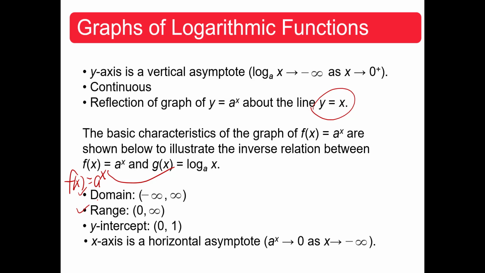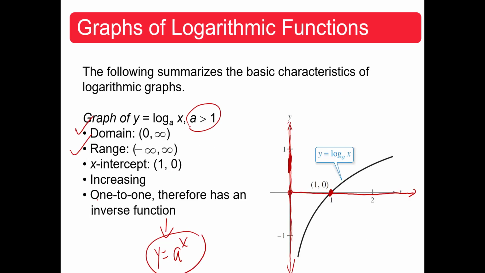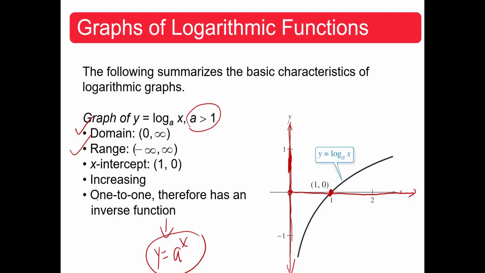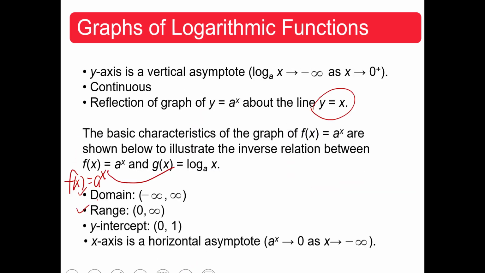So the domain of the logarithm becomes the range of the exponential, and the range of the logarithm becomes the domain of the exponential. So they are inverses of each other. The y-intercept is 0, 1. The x-axis is the horizontal asymptote: as a to the x approaches 0, x approaches negative infinity.